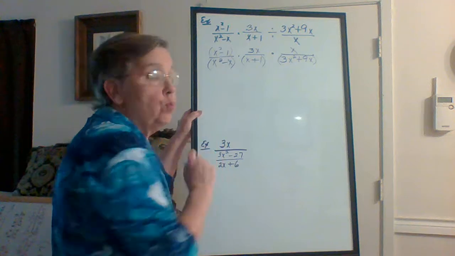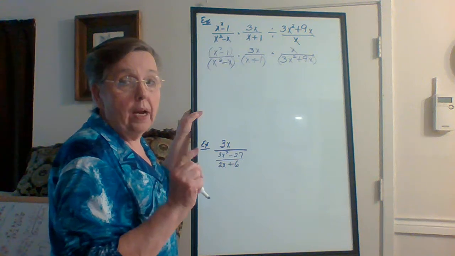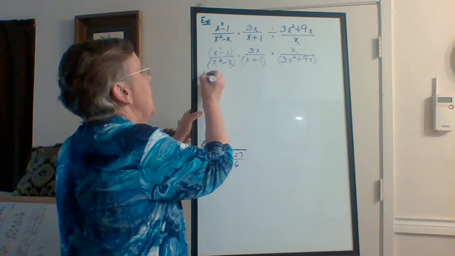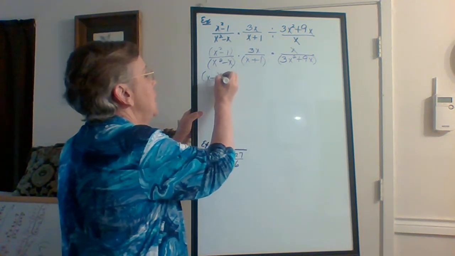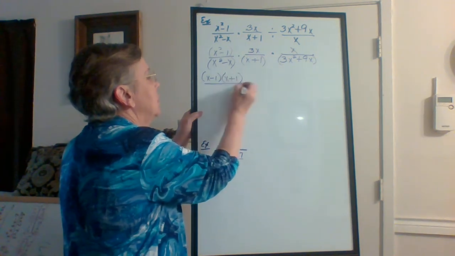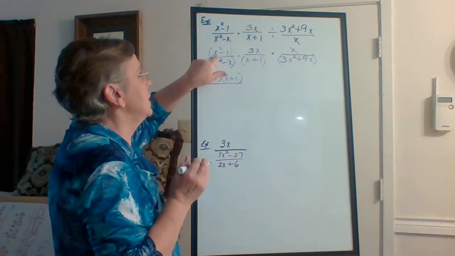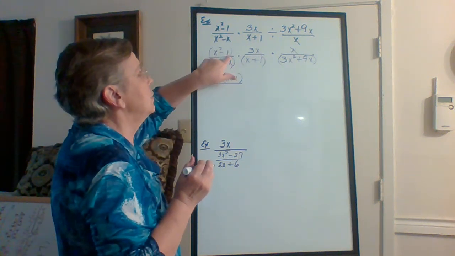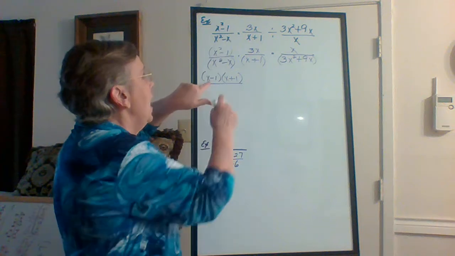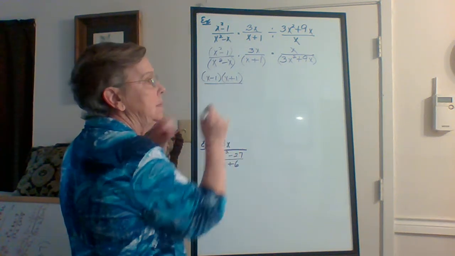X squared minus 1, nothing in common, but it is the difference of 2 squares. So therefore, I have x minus 1, x plus 1. Remember the difference of 2 squares. That's a perfect square. That's a perfect square. So I have the same thing except one's plus and one's minus.